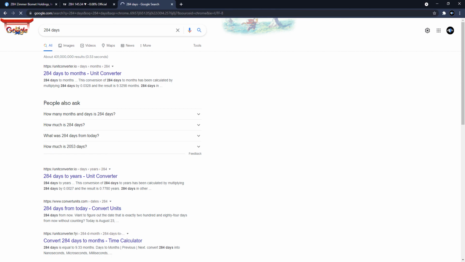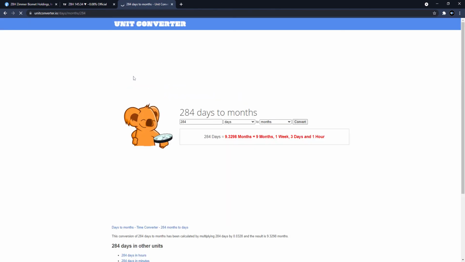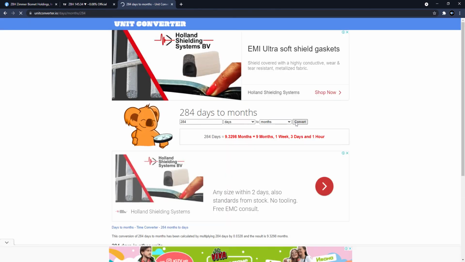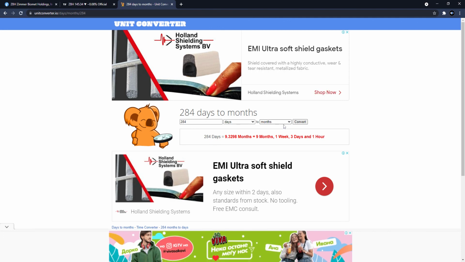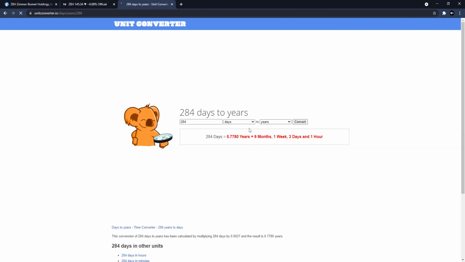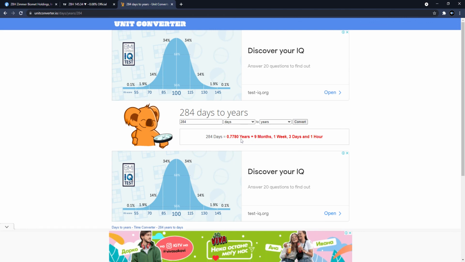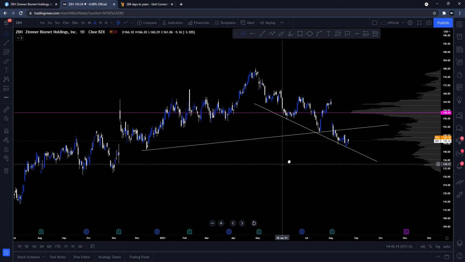We're just going to convert it up a little bit, because I cannot calculate that for you guys. I just go with years right here. It's somewhere around close to a year, 9 months, 1 week, 3 days, and 1 hour. So it's pretty much close to that low.